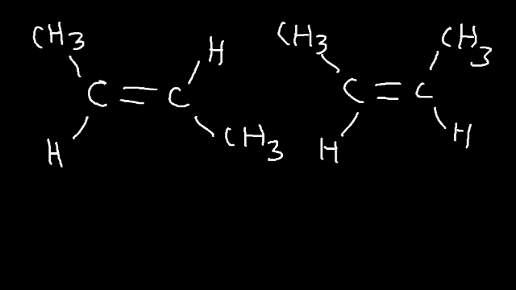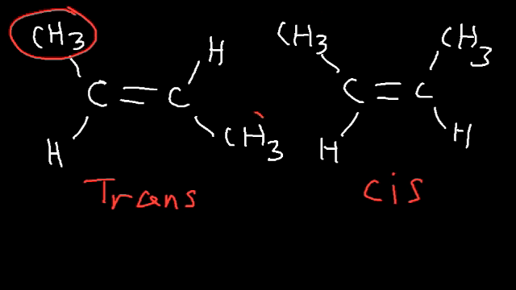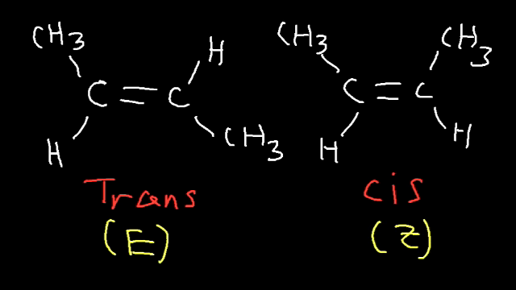On the left, we have the trans isomer, and on the right, we have the cis isomer. The cis isomer has the methyl groups on the same side, whereas the trans isomer has the methyl groups on opposite sides. The trans isomer is usually the E isomer, and the cis is usually the Z isomer.